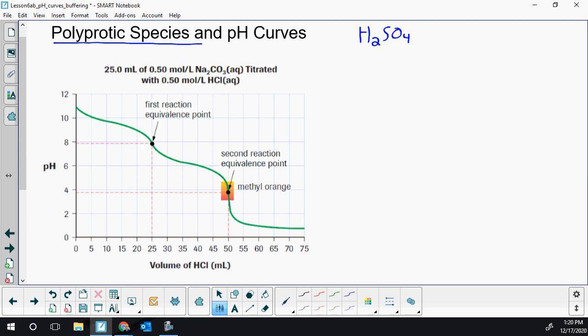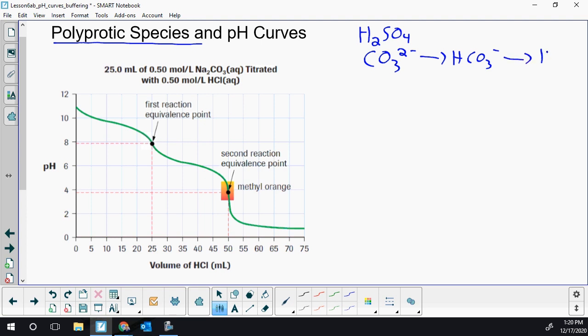Now, how you would know both of them can be lost would be by going through your data booklet and seeing whether you see examples of both of them coming off. An example of a polyprotic base would be something like carbonate, CO3 2-. In your data booklet, you see that as a base, and then HCO3- you also see as a base.